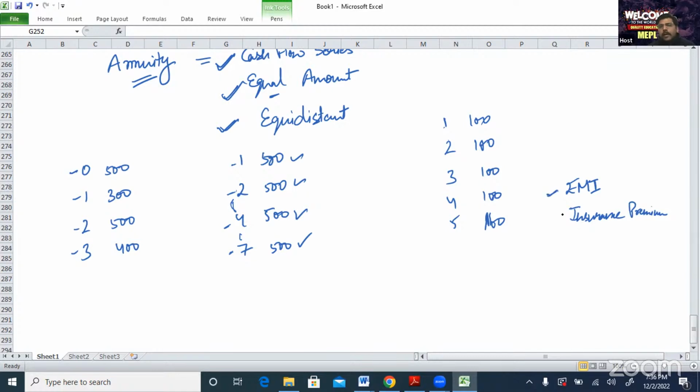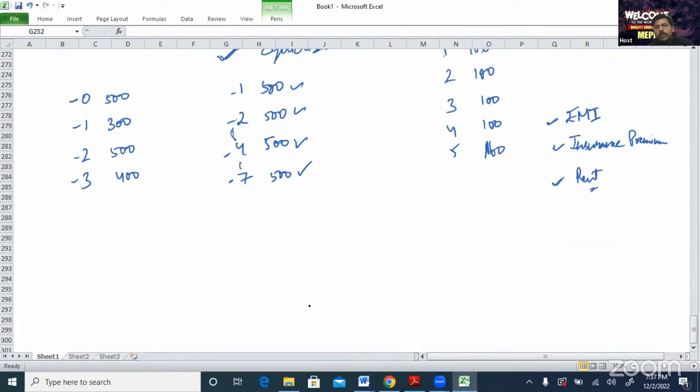Again, if I pay the same rent every month on a particular date, this is also an example of annuity. A recurring deposit account is also an example of annuity. So all these are examples of annuity. Now the question is, how can we calculate the present value or future value? That is something we will do.